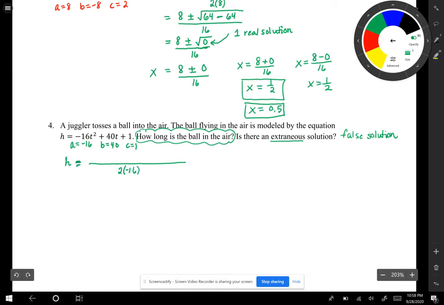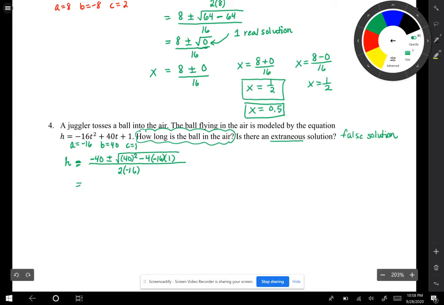So negative b is negative 40 plus or minus the square root of b squared, and b is 40 squared, minus 4 times a times c. If you're going to be lazy and you don't use parentheses, that's on you. And you're going to be very sorry when you take your test and I give similar answers and I just barely change them by a negative. So you have to be very, very careful.